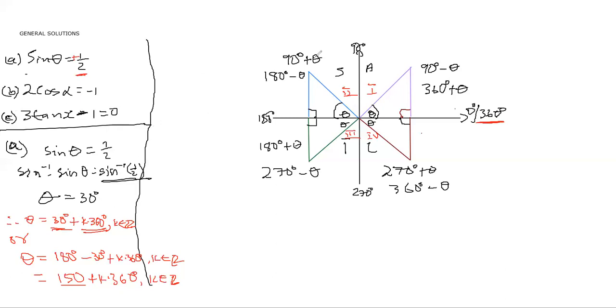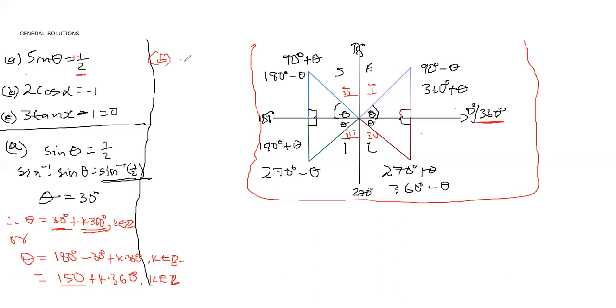In this second one here, they want us to do a bit of work, so we will go ahead and do that. We have 2 cos alpha is -1. So we divide by 2 on both sides. Then we have cos alpha is -1/2. Before we even consider this negative sign, we look at our reference angle.